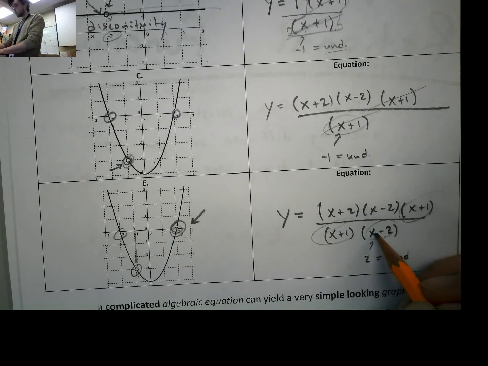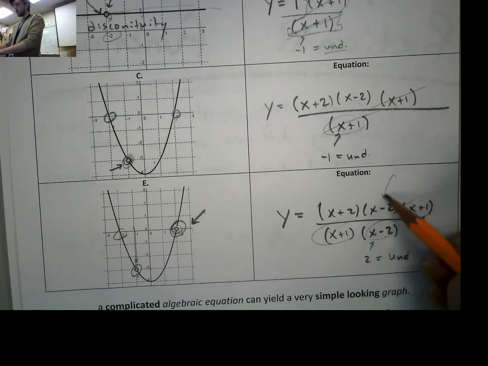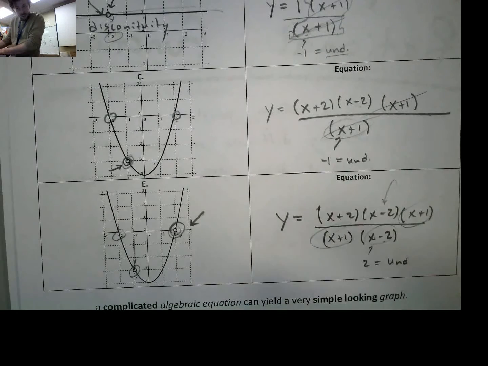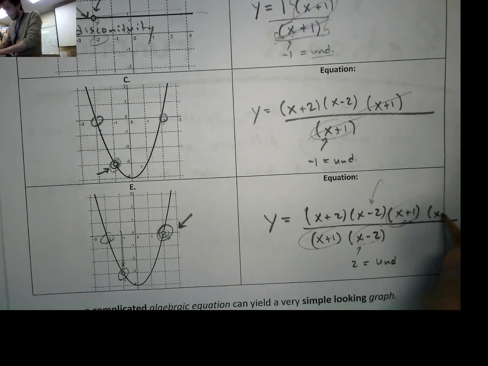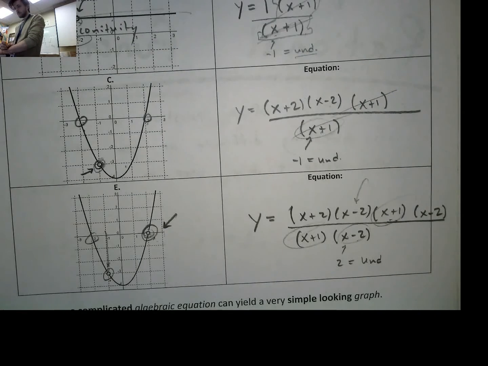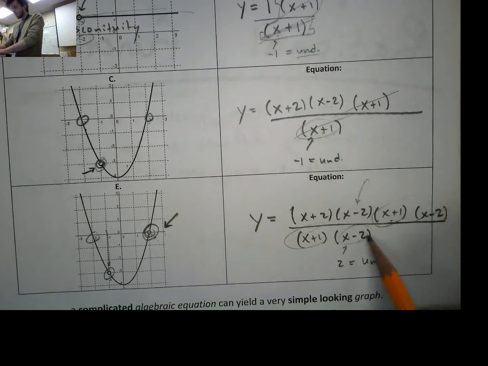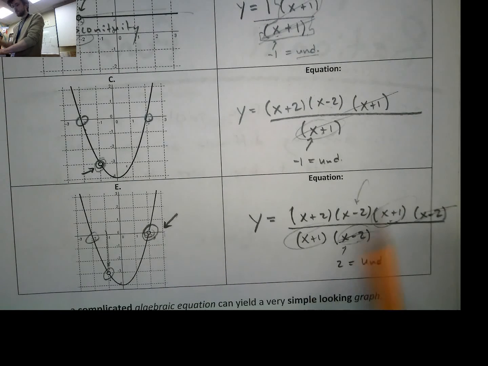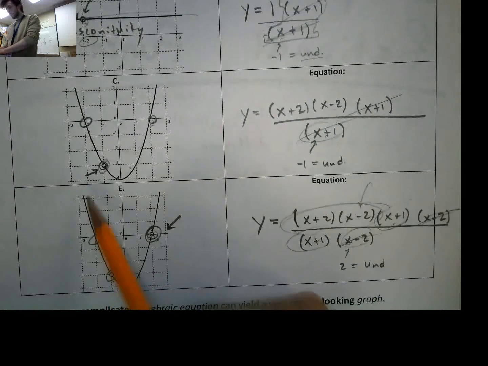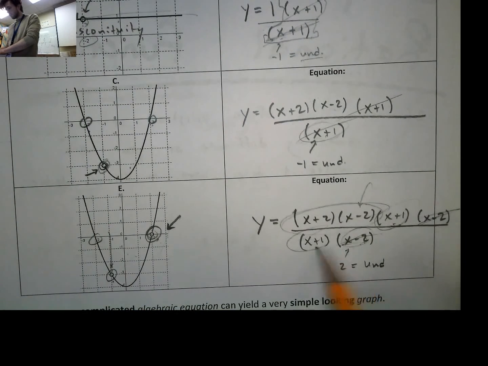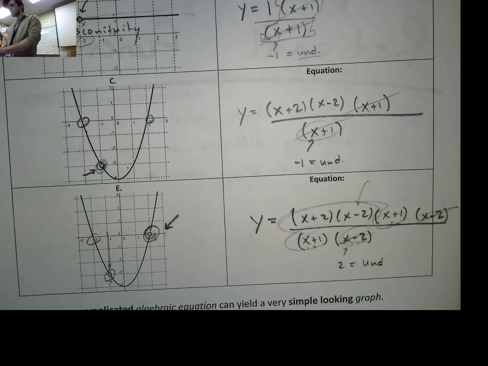Now, just like before, if we're going to put another x minus 2 on the bottom, yes, there's already one up top. But if we're going to add another one onto there, you got to put another one up top as well. Yes, they would cancel out. We could simplify a little bit to have this be our final equation like before, to get our shape, but these create two holes at those two values.